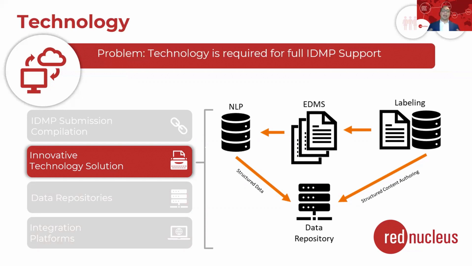That's certainly an innovative solution in the IDMP space. Also, another area for your organization to explore is a technology solution that enables structured content authoring, and promotes automated extraction of label information. That is also required for IDMP compliance.